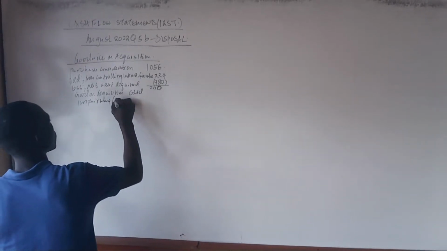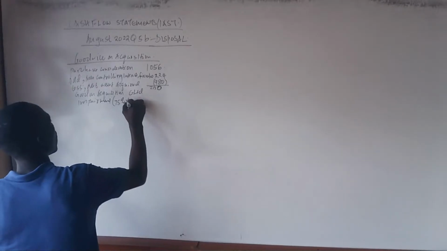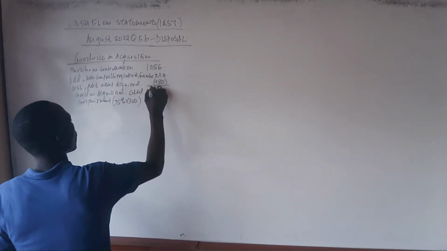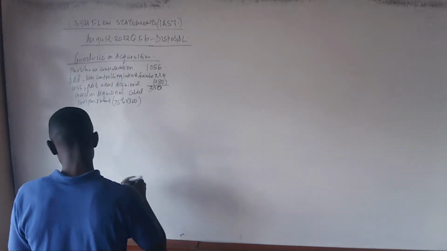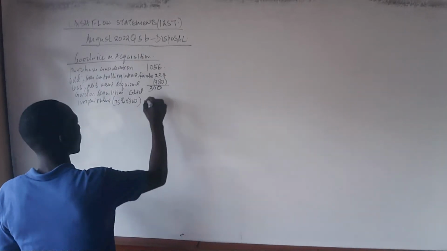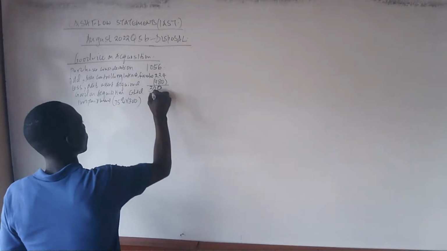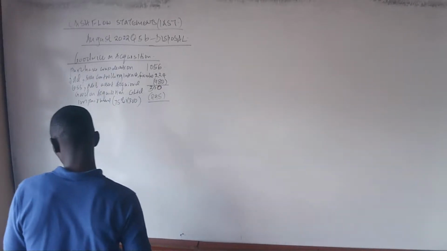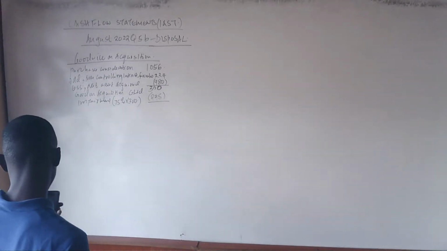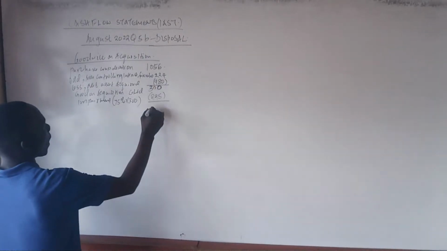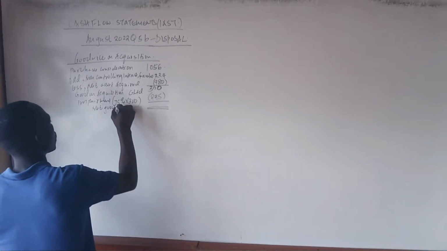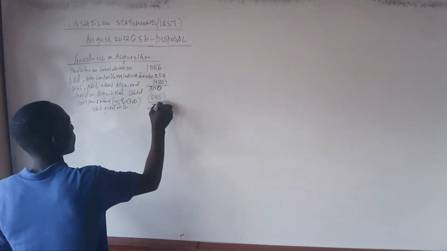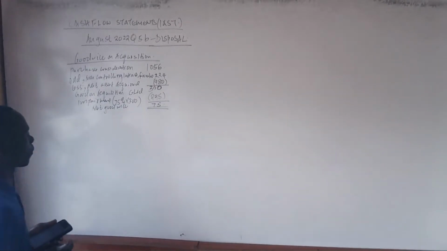Impairment will be 75% of 300, and you are going to get 225. That is what we are going to get. And then the net goodwill, after impairment, will be 75.